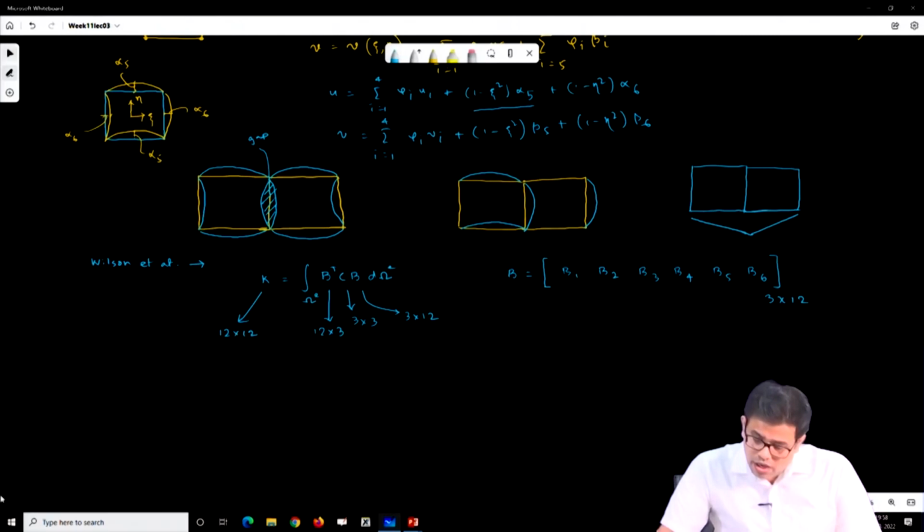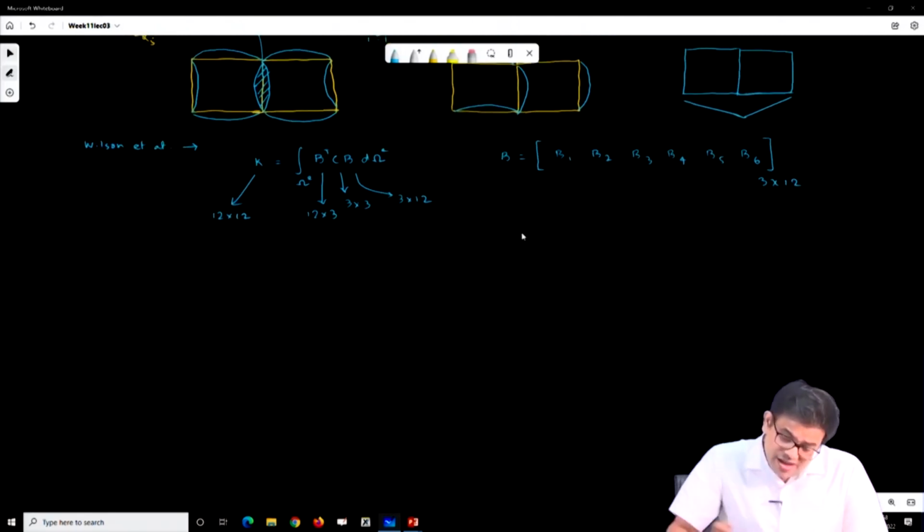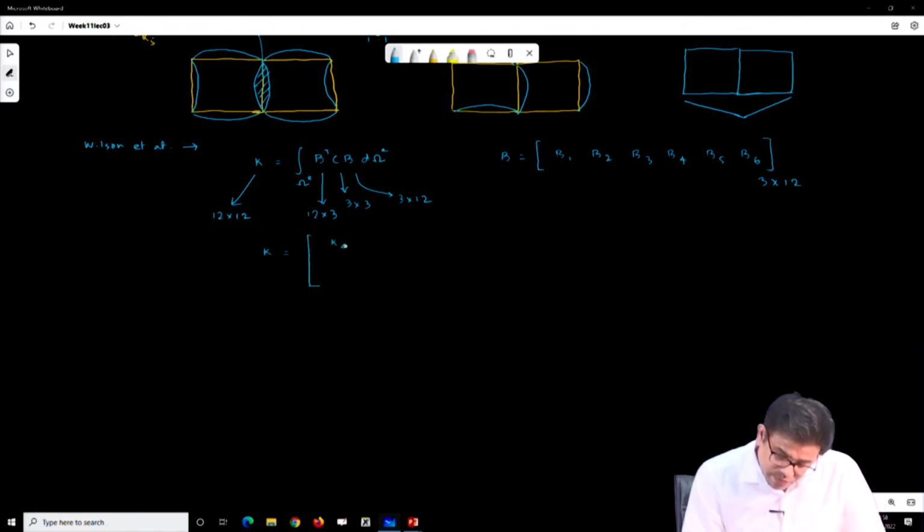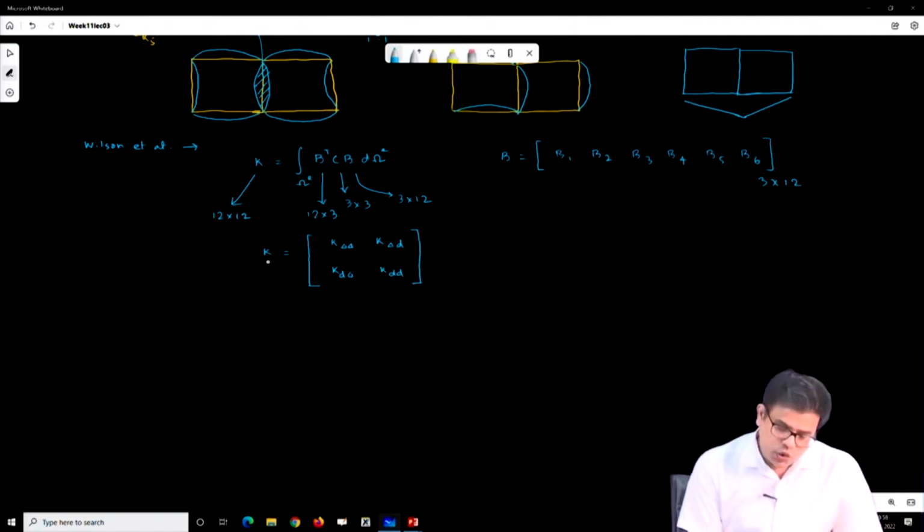If I write this stiffness matrix in this manner, what are D and delta?